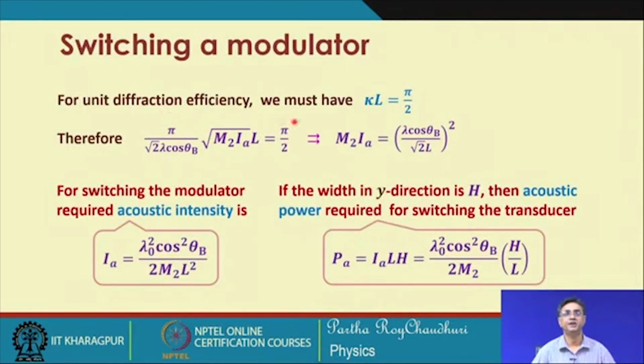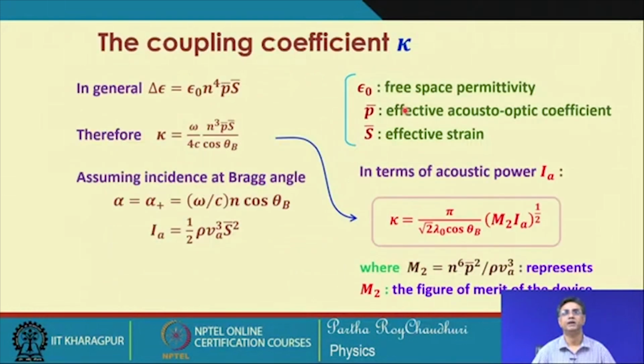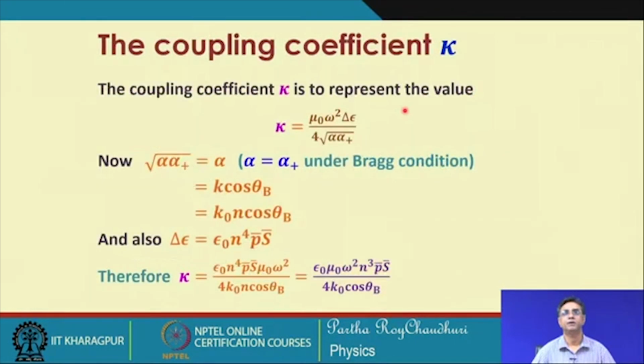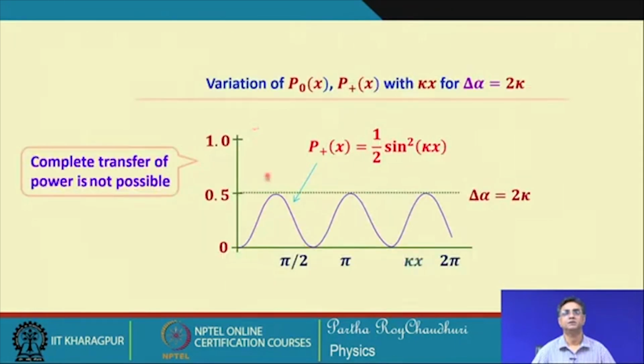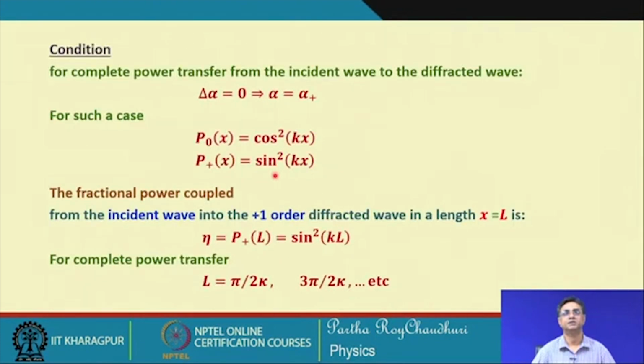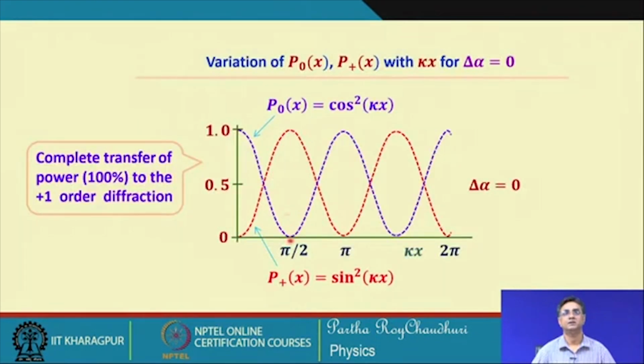So, for unit diffraction efficiency we must have kappa into L equal to, we have seen that if you go back and look at the power variation for diffraction efficiency to be 1, this happens since the minimum value is pi by 2, it could be this also, 2 pi by 2.